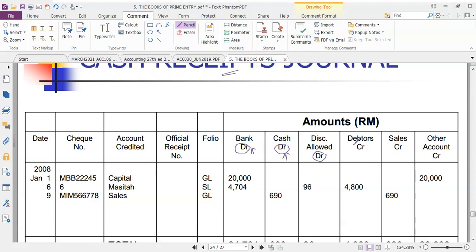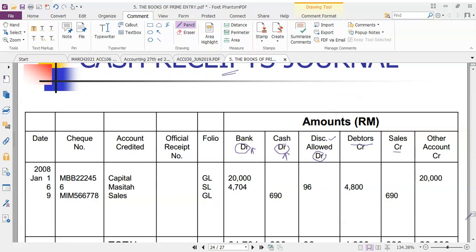Debtors credit, sales credit, other account credit juga. Discount allowed means that kita jual barang, kita bagi customer tu discount. Itu maksud discount allowed.